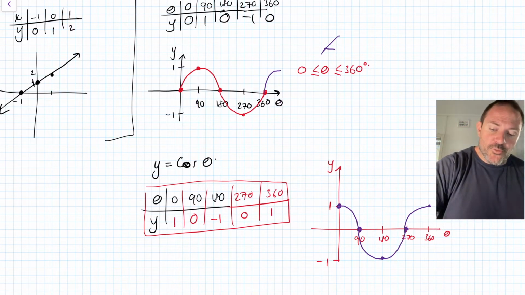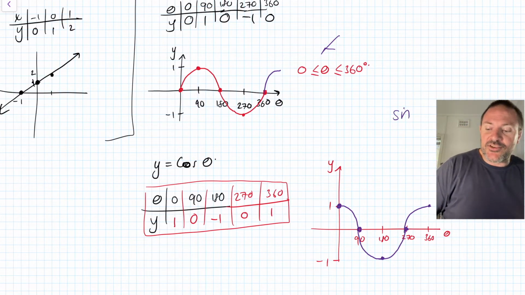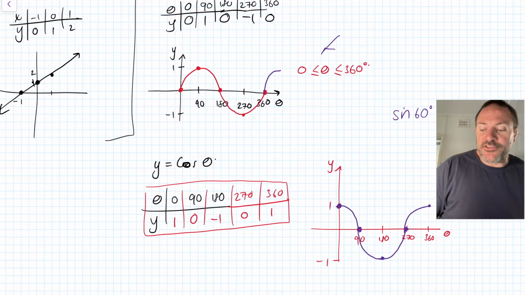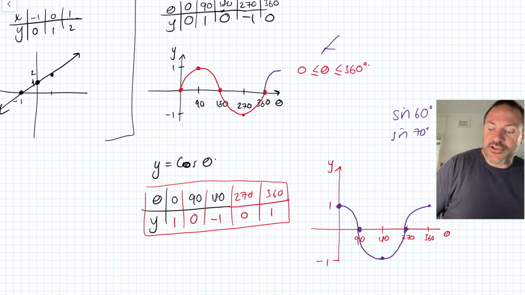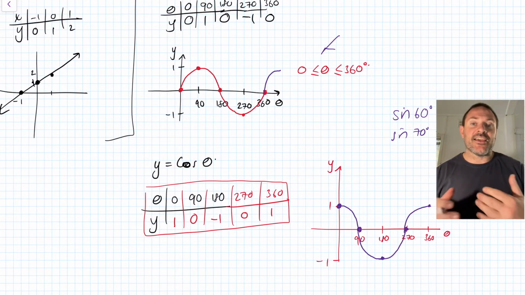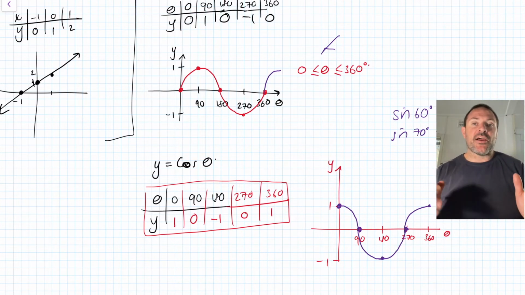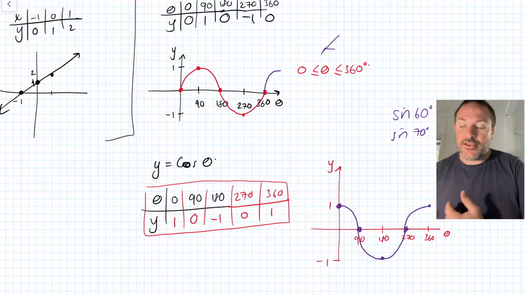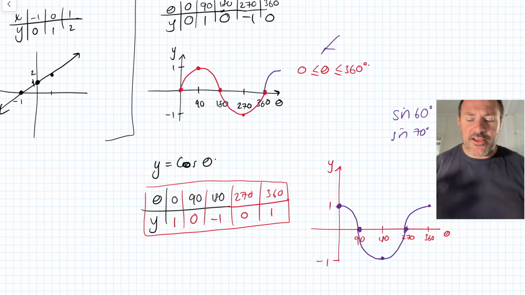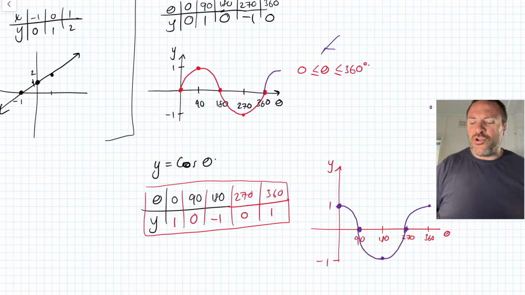Earlier on, we noticed things like sine 60 degrees was the same as cos 30 degrees, or sine 70 degrees equaled cos 20 degrees. We recognized that they were equal to each other, and it's just a slight shift in the graph. They actually have the same graph there. It's just interesting for later on. At the moment, I don't really care about that.